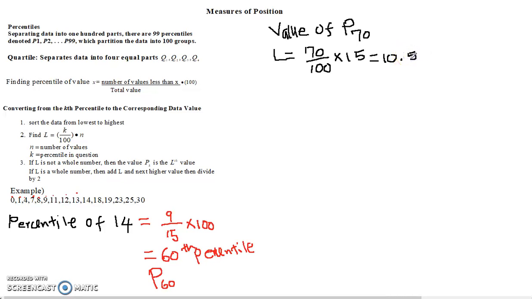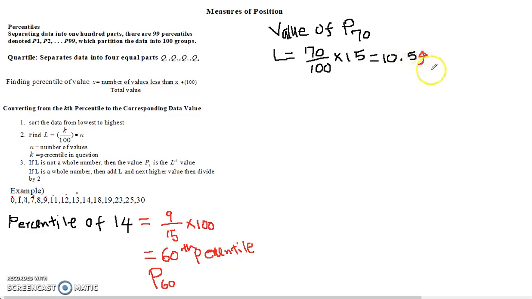Now, the rule here is that if L is a decimal number, it doesn't matter how small the decimal is, you always round up. So since this is a decimal, we're going to round up to the 11th data value. If you have any decimal points, how small it is doesn't make any difference.